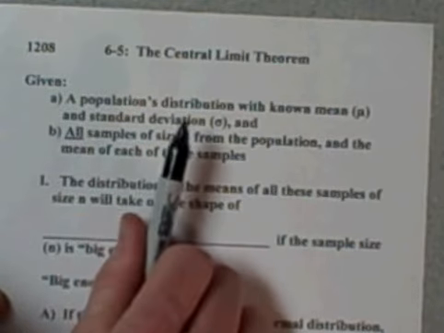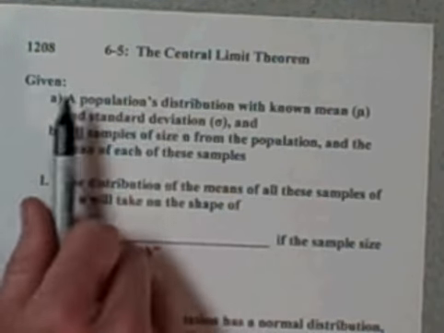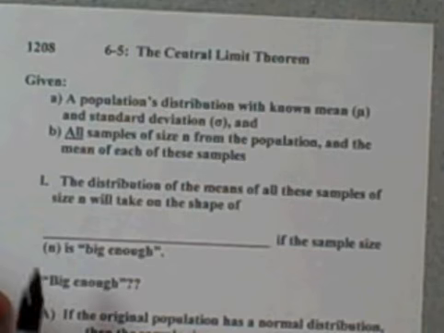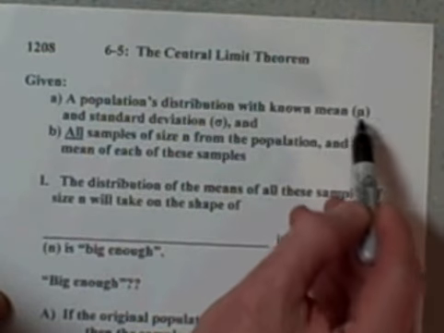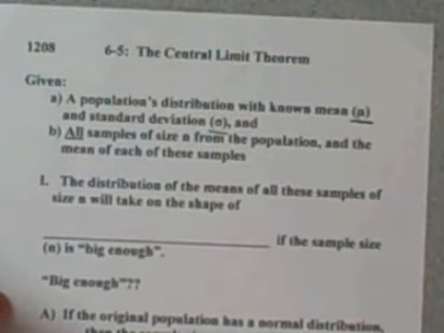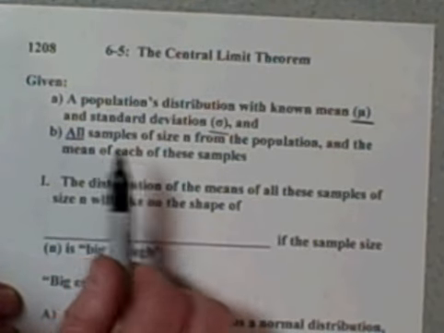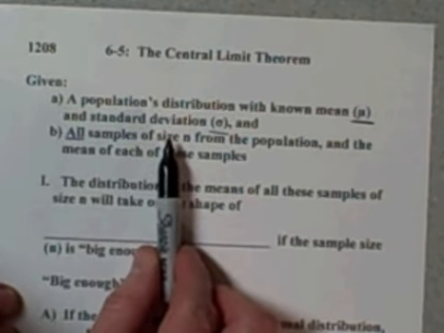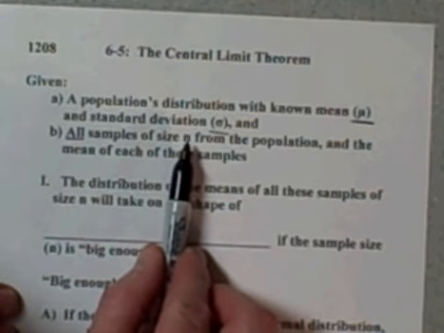If we have a given population and its distribution, and we have calculated its mean, mu, and we've calculated the standard deviation, sigma, and we theoretically have all samples of some particular size, n, let's say.